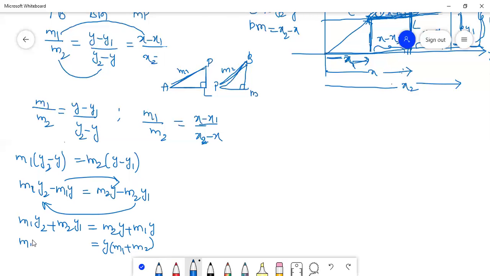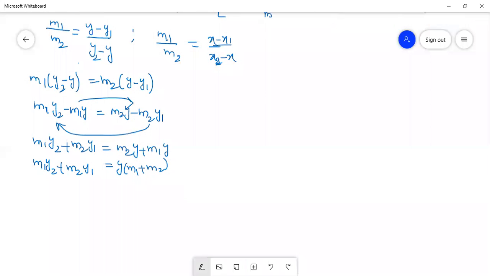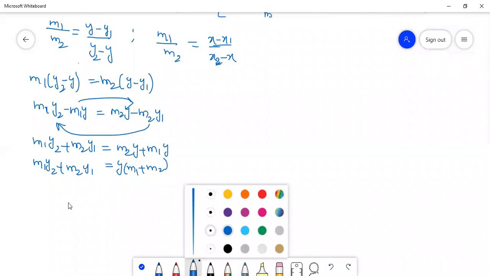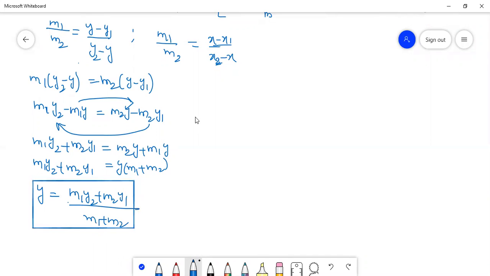From this, we can write y is equal to m1 y2 plus m2 y1 by m1 plus m2. This is the y coordinate value.